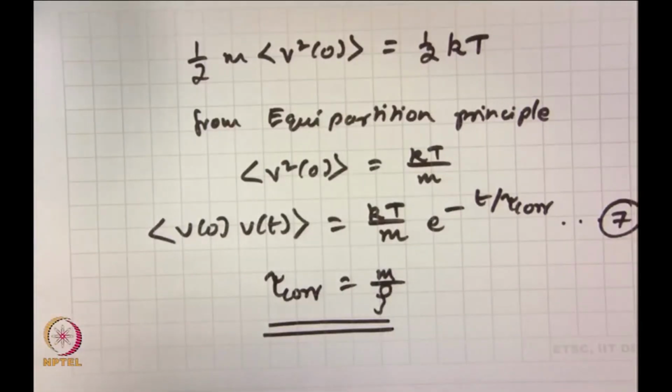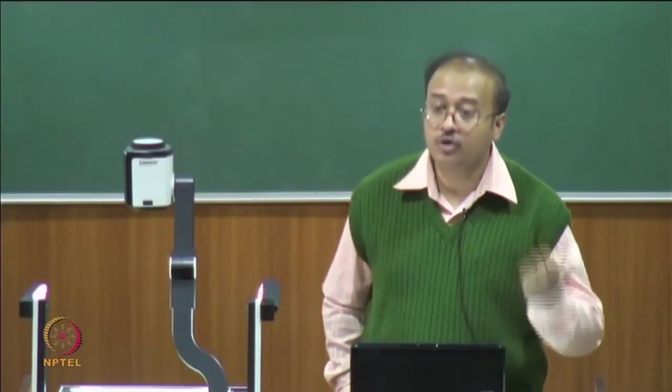So this is one of the most simplified expressions you can have for a velocity correlation function. And what it says is, if I start with the velocity v 0, how much time does it take for this initial memory of the velocity v 0 to be erased?